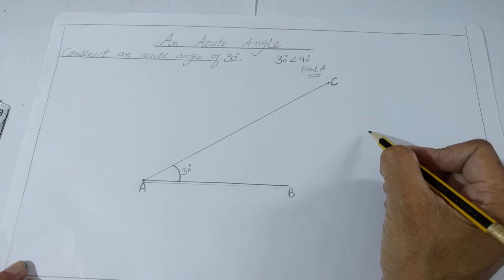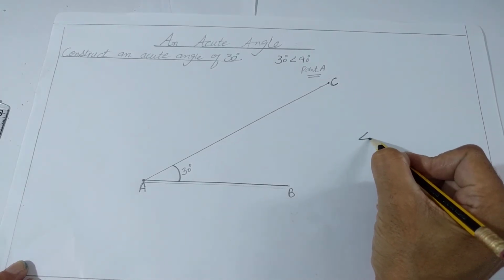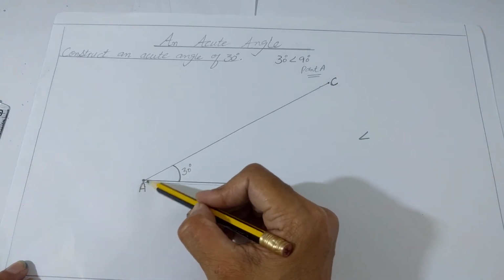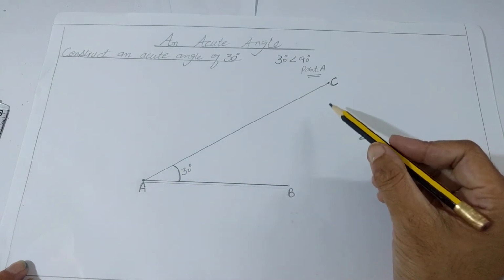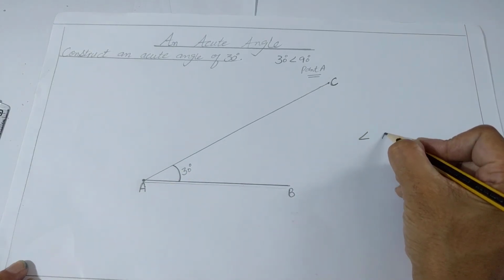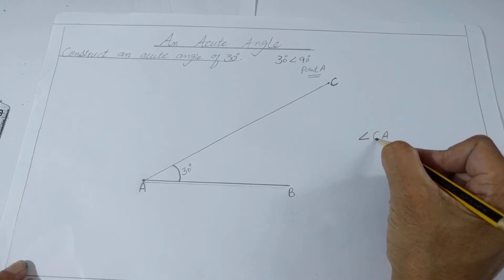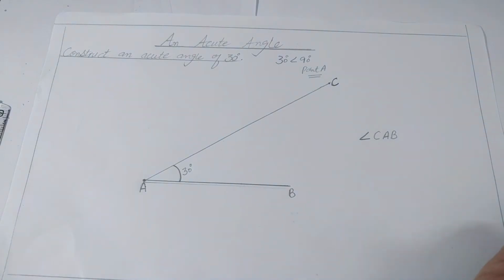Now how to write the angle in notation form? We can write the angle in notation form like this. This is the notation of the angle. As this is the vertex, the common point of arm AB and arm AC, this common point should be in the middle position, and you can use the other points on any side.